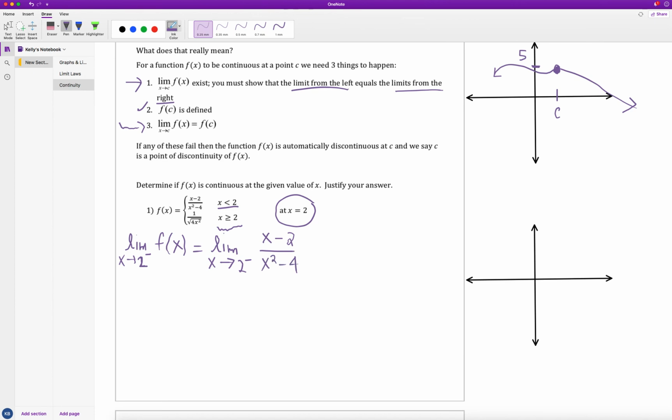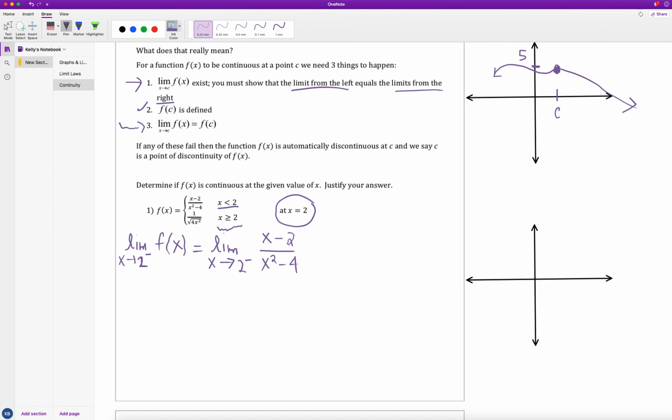Now if I try to do a direct substitution into this, I'm going to get 0 on top, which could potentially be fine, but in the denominator I'm also going to get 0, which means I have an indeterminate form of 0 over 0, so hopefully there's some way that I can algebraically manipulate this right now.